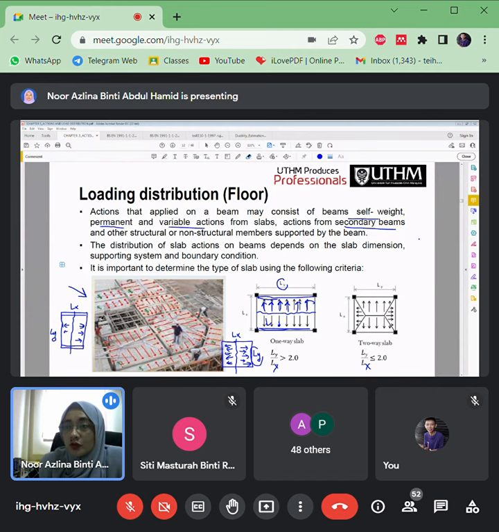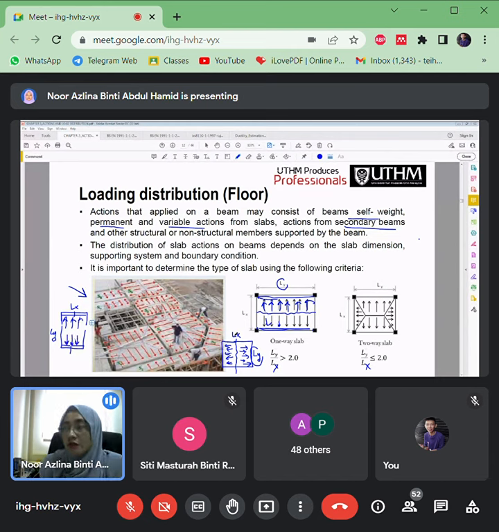So in some cases you also have to look at the locations of the beams. In this case, it cannot transfer in this direction. So you have to make the directions according to the beams' locations.